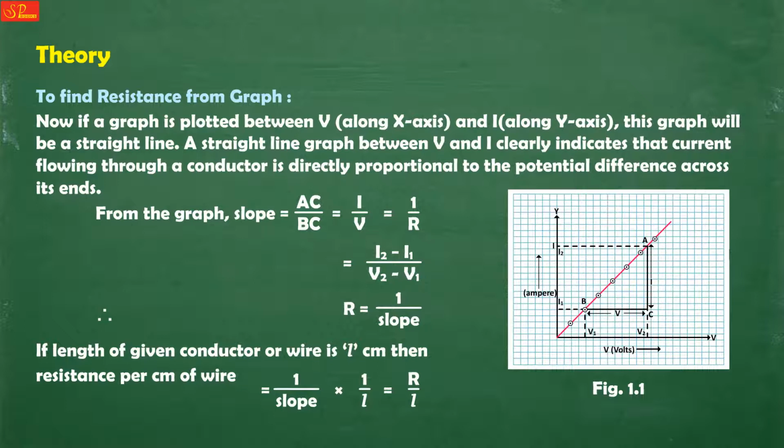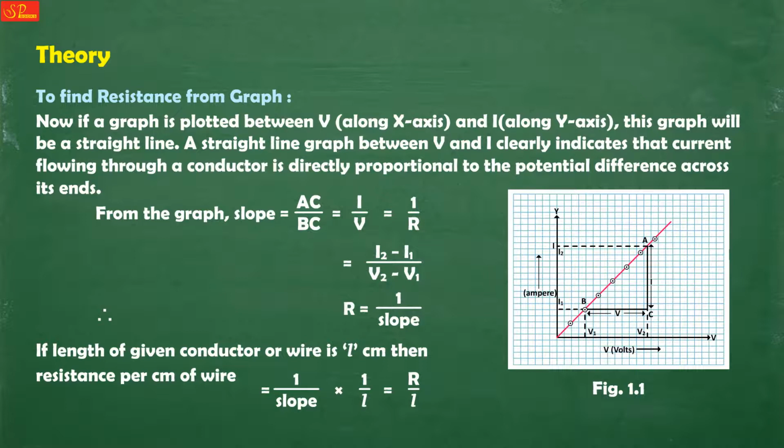From the graph, slope equal to AC by BC equal to I by V equal to 1 by R equal to (I2 minus I1) by (V2 minus V1).